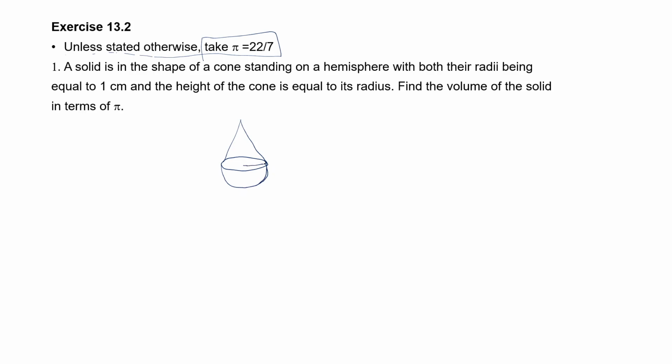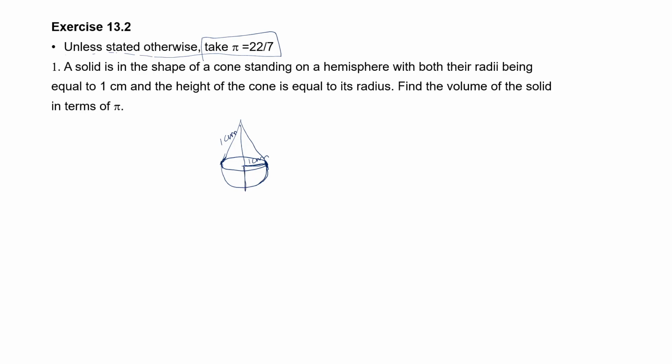So the radius is the same, which means it will touch this edge. So this is 1 centimeter, and the height of the cone is equal to its radius. That means cone height is also equal to 1 centimeter. Find the volume of the solid.